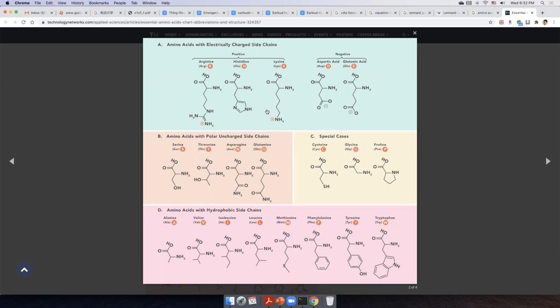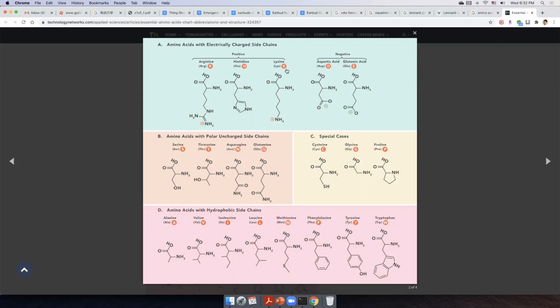In different amino acids, they have different charges. For example, most of them are neutral, but some of them are polar. Polar means totally it's neutral, but part of it is strongly negative. The other part is strongly positive. And there are also 5 charged amino acids. Three of them are positive, which is arginine, histidine, lysine.